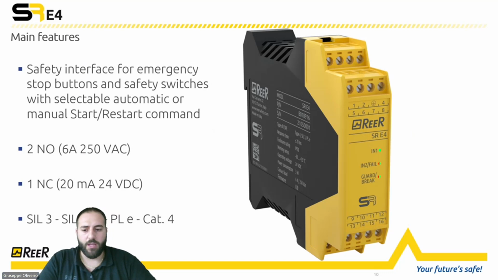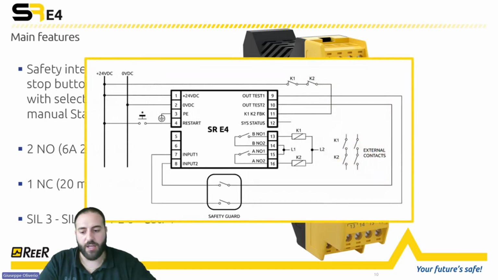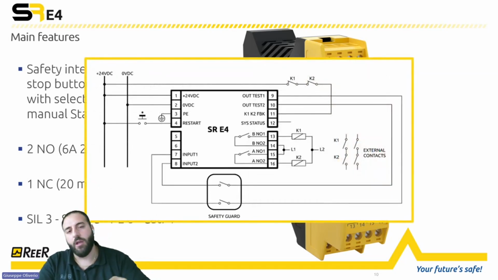The SRE4 is used for emergency stop button or interlock switches, maybe for door. And also in this case, for category 4 application, this is an example. This is a category 4 safety guard command plus the manual reset. Everything is already built inside those interfaces.